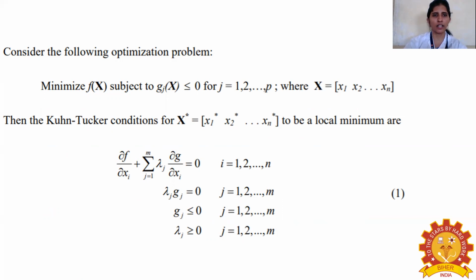Then the Kuhn-Tucker conditions for x star equal to (x1 star, x2 star, ..., xn star) to be a local minimum are: dou f by dou xi, the objective function differentiated with respect to xi, plus summation over j equal to 1 to m of lambda j dou gj by dou xi equal to 0, where i equals 1, 2 to n, and these are the constraints given along with them: lambda j into gj equal to 0, gj less than or equal to 0, and lambda j greater than or equal to 0. We consider all this to be equation 1.